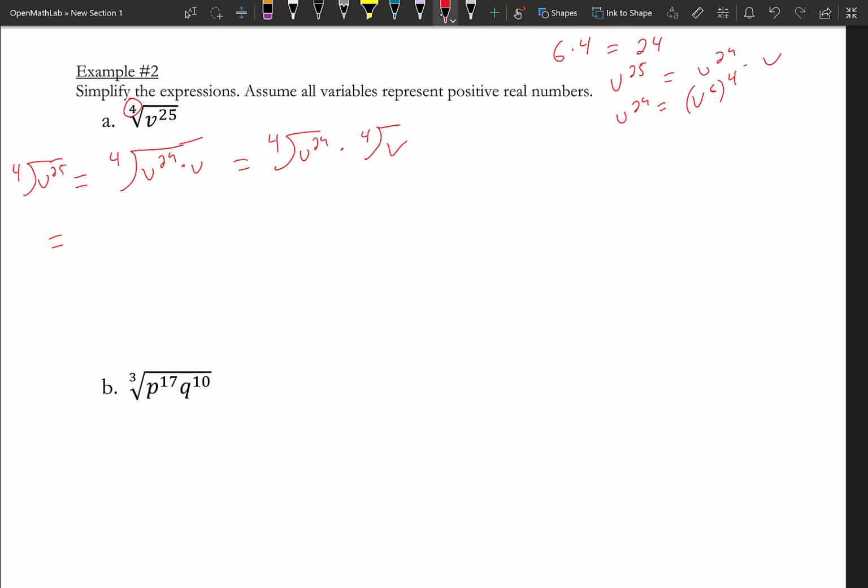Then I can rewrite v to the 24th as v to the 6th all raised to the 4th power, times the fourth root of v. Since this part is to the 4th power and you're taking the 4th root, those cancel each other out. So this becomes v to the 6th times the 4th root of v. So that is simplified.